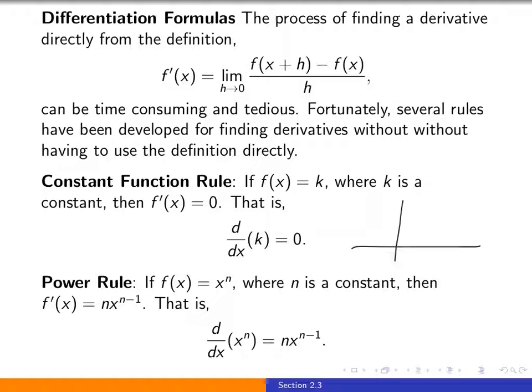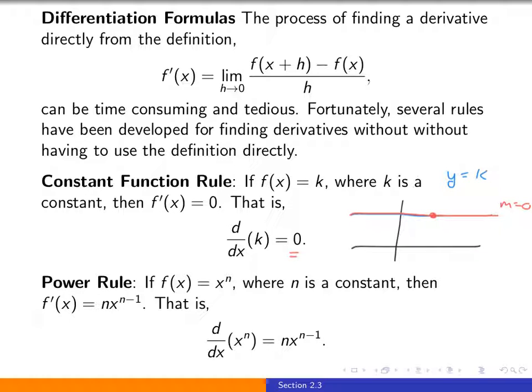If we have the function f of x equals k, its graph would be represented by y equals k, which is a horizontal line. And if you pick your favorite point on this line and draw the tangent line at that point, the tangent line is going to be the line itself, which has slope 0. So the derivative is going to be 0. So the derivative of a constant is 0.